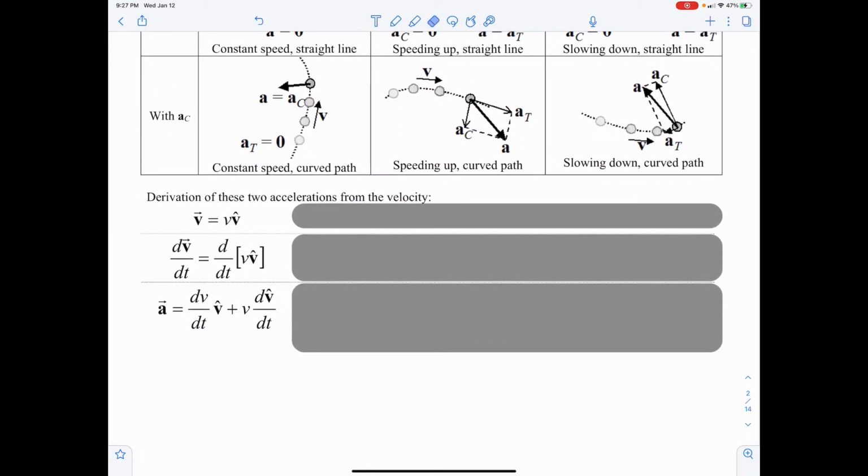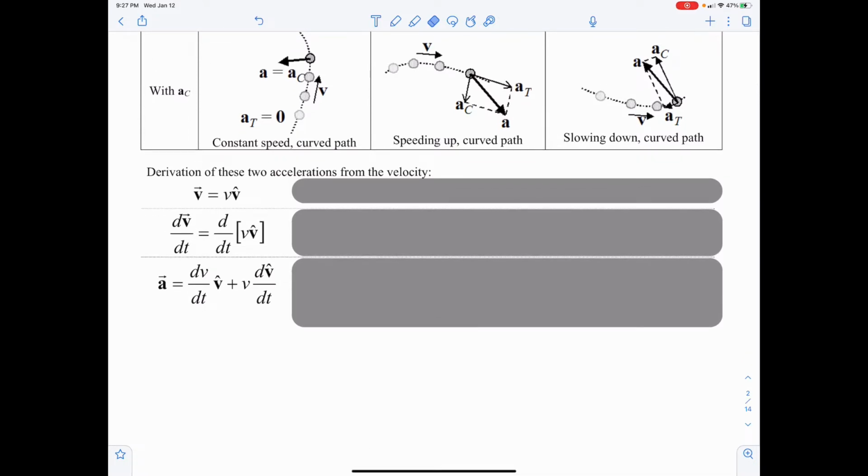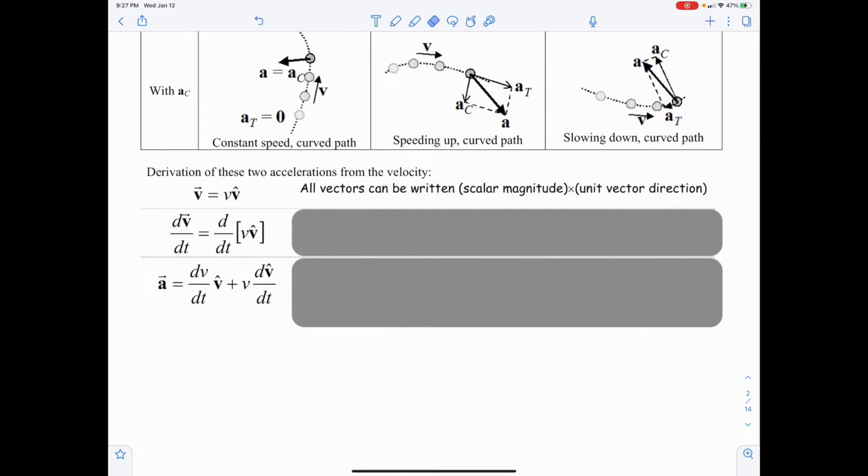So if we're to derive these two accelerations, we can derive these from velocity. And we get the velocity vector is equal to the magnitude of the velocity times the direction of velocity. All vectors are written as magnitude times the unit vector direction.